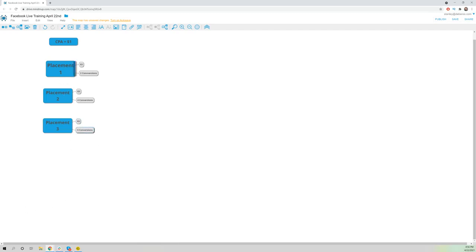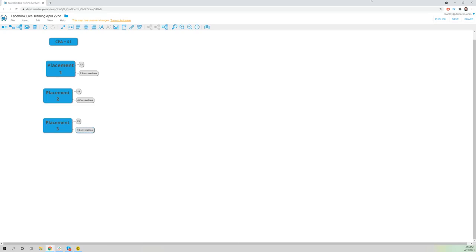But why can I not turn off placement 1 and start scaling placement 2 or start optimizing it? Well, just like we talked about last week, but I'm going to repeat it, it has to do with the law of averages. The bigger the sample size, the more stable the data. Especially with a payout that is not as high, a $1 payout is not a very high payout, we need to give it more space.